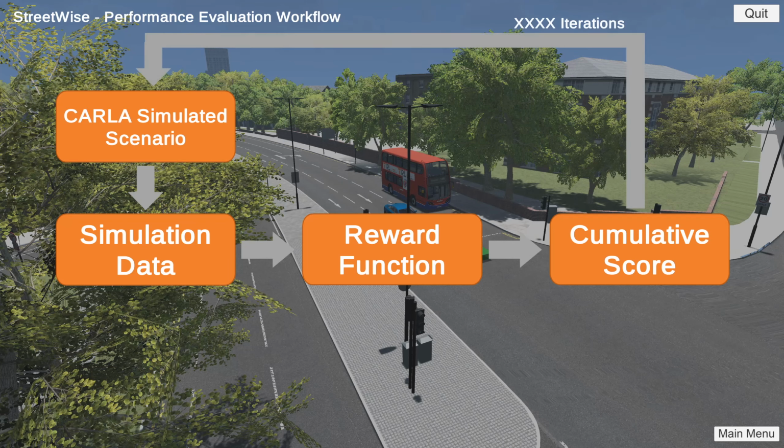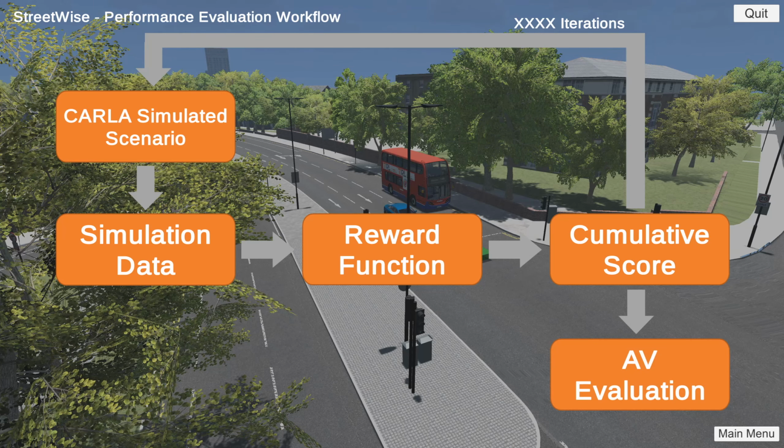Then we run this however many iterations are deemed acceptable for this specific type of scenario, and we end up with a total score which needs to be assessed to give a performance rating for the AV. Now the scenarios can change, the number of iterations can change, but what we expect is something of this nature.